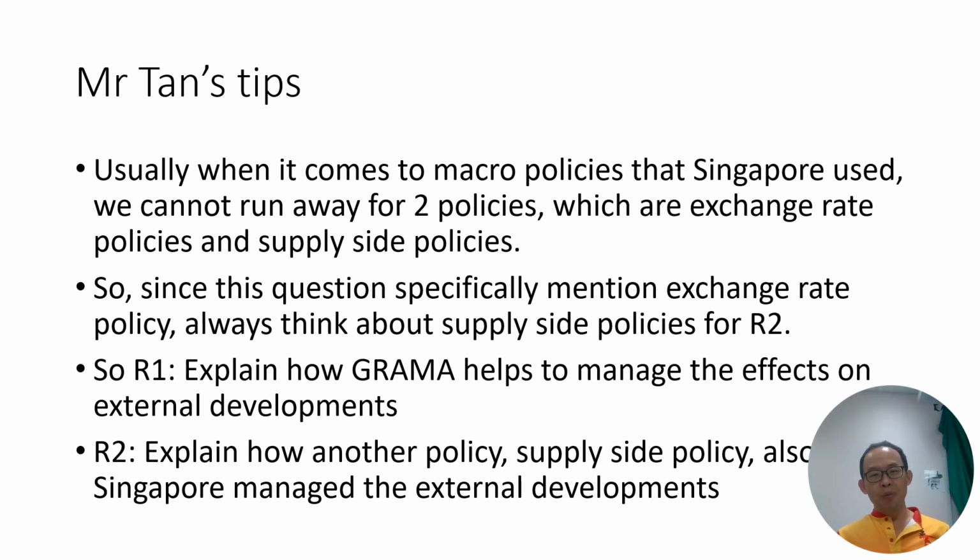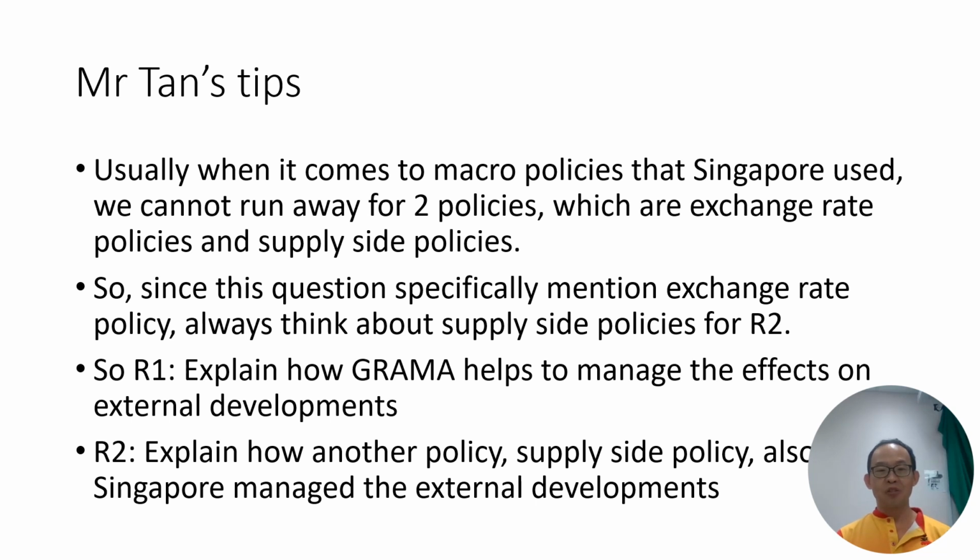Usually when it comes to macro policy that Singapore uses, I always tell my students, you cannot run away from two main policies that Singapore often uses, which are the exchange rate policy as well as the supply side policy. Since this question specifically mentioned exchange rate policy as one of them, for your R2, when you talk about the alternative policy to compare with GRAMA, I'll recommend students think about supply side policies.